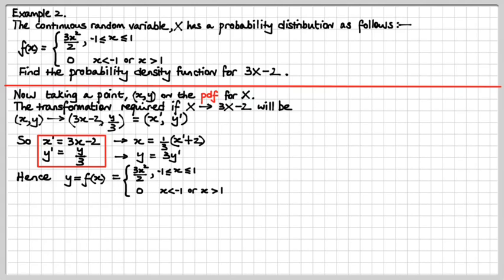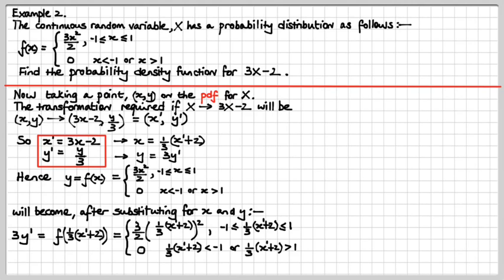Right, so that will become, after substituting for x and for y, very messy, but we'll just persist and we'll get there in the end, guys. So y becomes 3y dashed, as I was explaining up here. That's going to be f of all of this mess. Instead of x, it's going to become this thing.